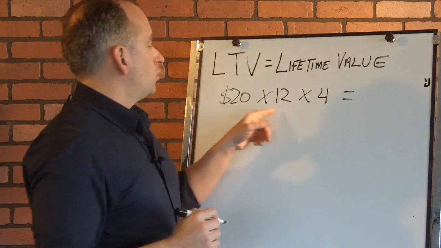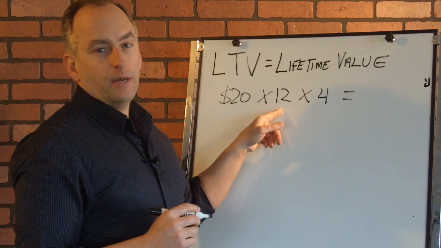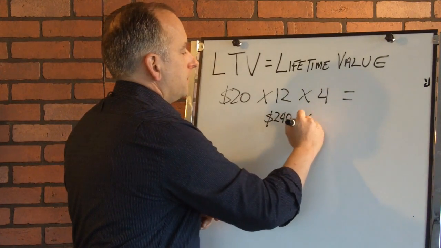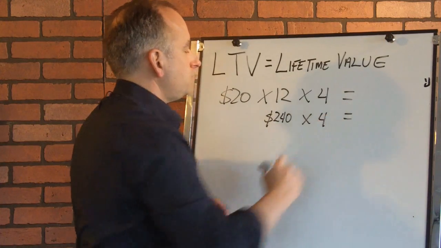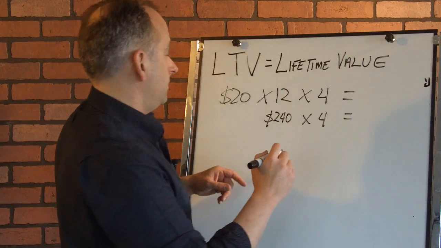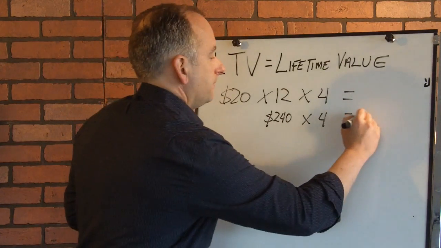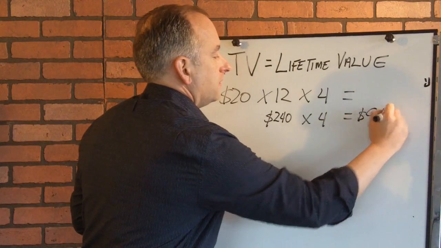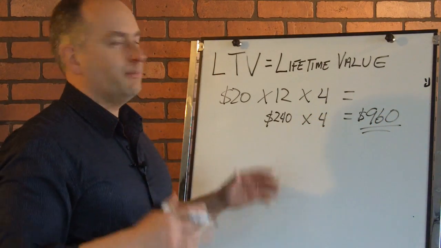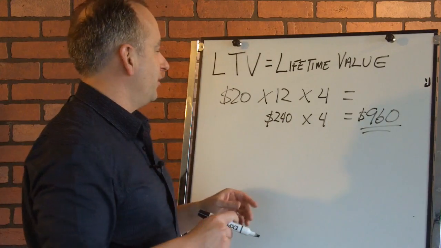All right, so 20 times 12, what would that be? $240 a year, times 4, comes out to be just about $1,000. 960, is that right? 960, let's say, roughly. My math might be off. Derek, you can help me out later on.